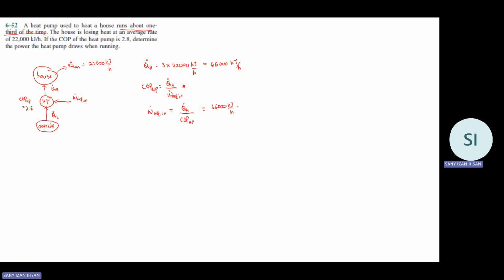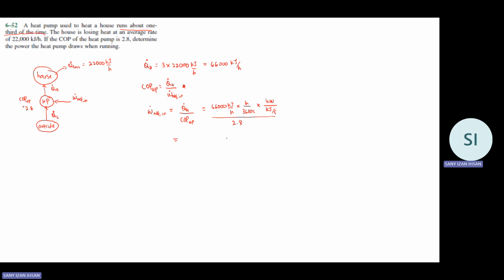Okay, let's convert this to kilowatt. So in this case, we know that hour to second is 3600. And of course, we know that 1 kilowatt is equal to 1 kilojoule per second. So that would be the conversion. COP, we are given as 2.8.